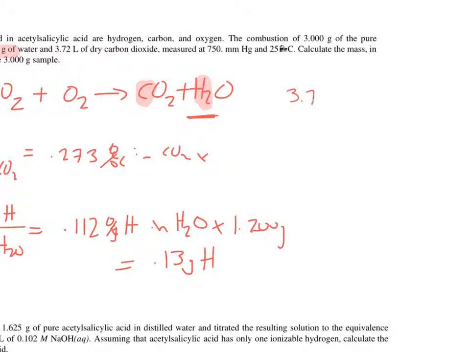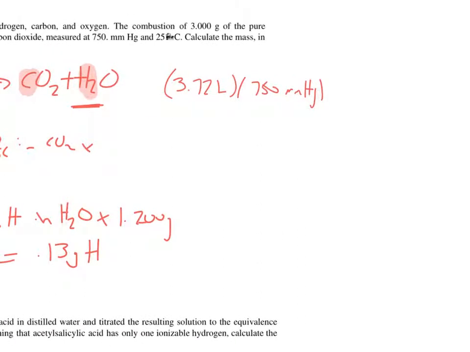But I've got 3.72 liters and the pressure is 750 millimeters of mercury. And that's equal to n times R, and I'm going to be right back with the R. I'm going to have to look this up because I don't know the R constant in terms of millimeters of mercury. But my T is 25 degrees Celsius or 298 Kelvin.